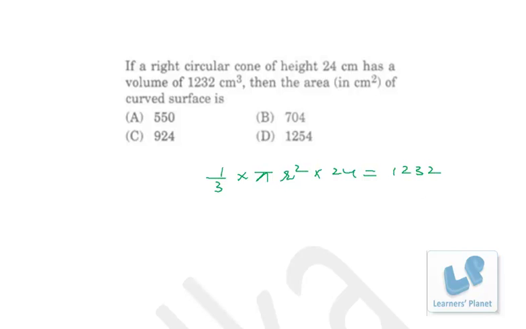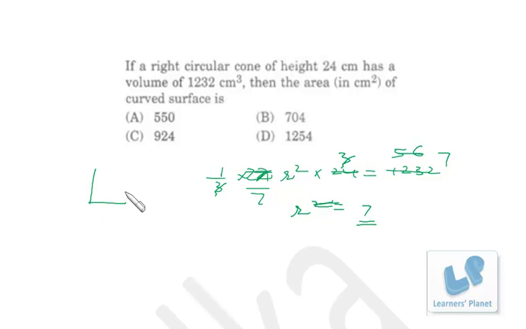Now pi is 22 by 7, so 22 will cancel. 22 fives are 110, 132, that's 6. So r square is equal to 7 square, that means r is equal to 7.